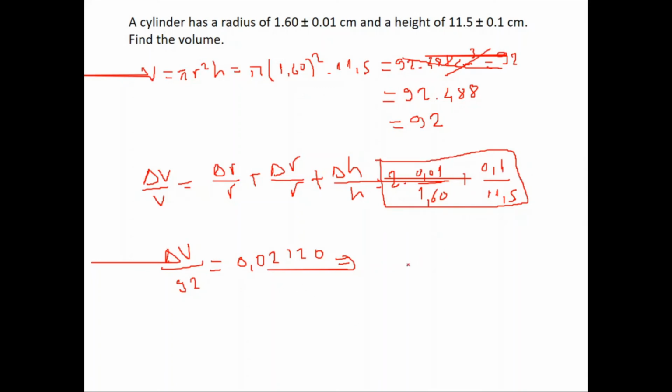And if I multiply this with 92, then delta V, the amount of uncertainty, will be equal to 1.96075. And then how are we going to express our measurement? Our volume will be equal to 92, the best estimate, plus minus the amount of the uncertainty. I have to round this one, 1.96075, and it is going to be rounded to 2. That's why plus minus 2.